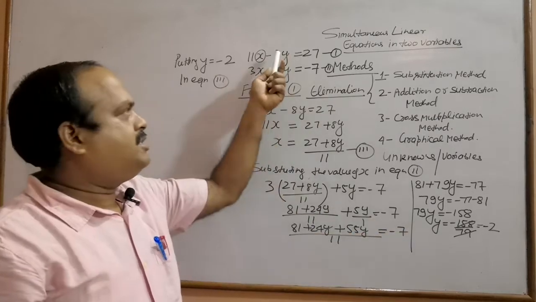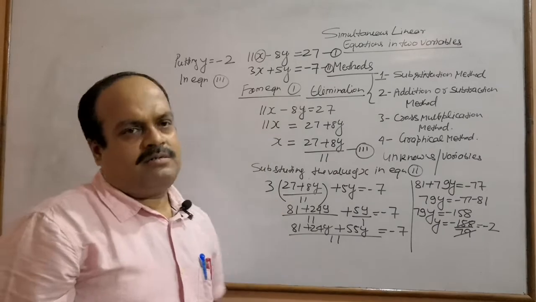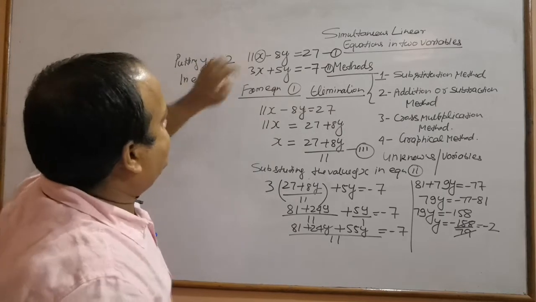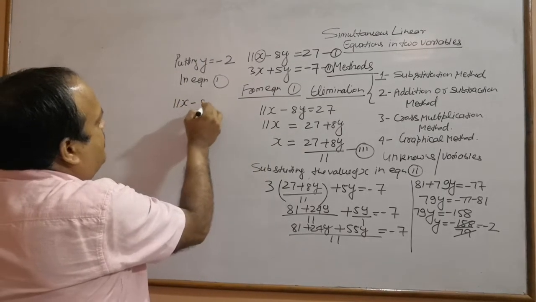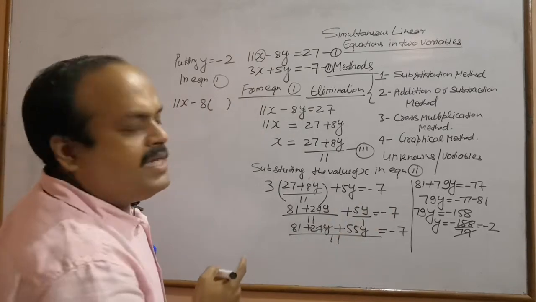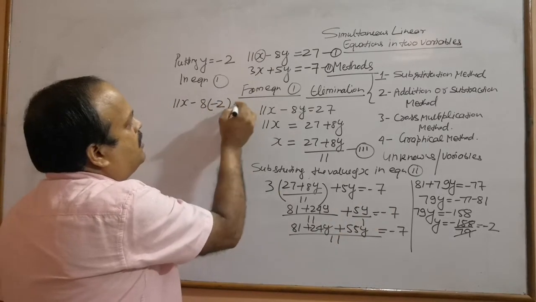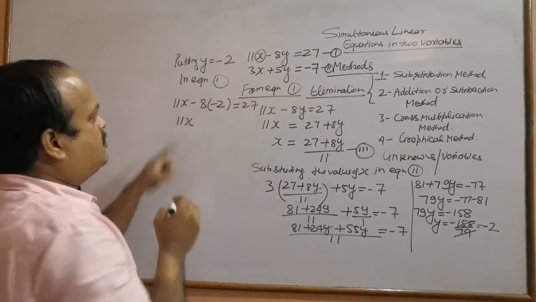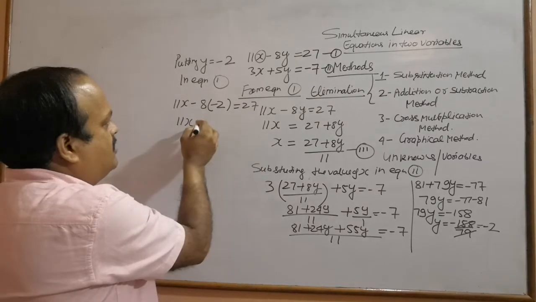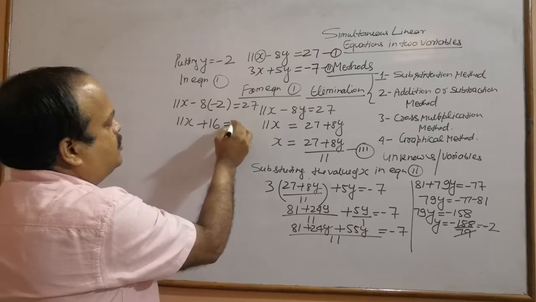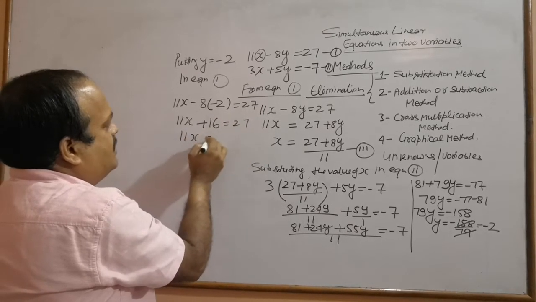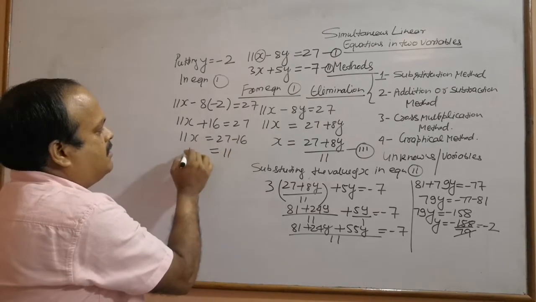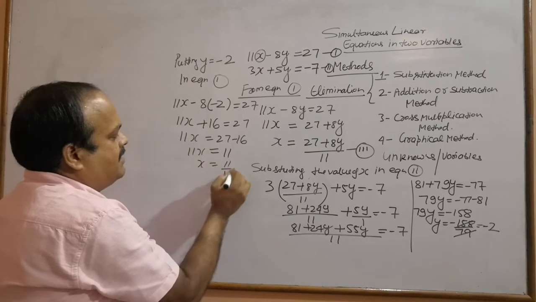As I said, I am going to put in 1. So 11x minus 8y, what is the value of y? Minus 2, equals 27. 11x, minus multiplied by minus becomes positive, equals 27. So 11x equals 27 minus 16, 11. So x equals 11 upon 11, 1.